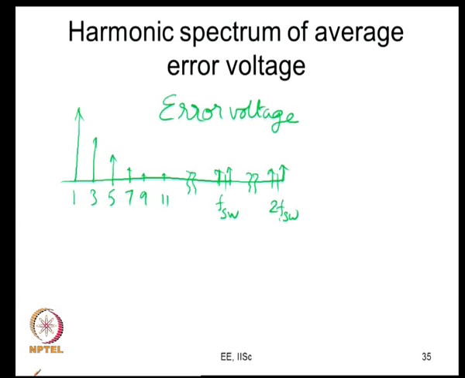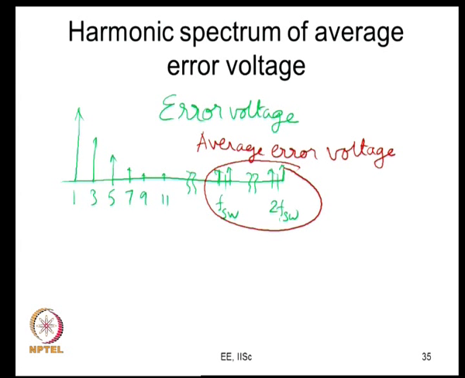Now, I am going to look at the average error voltage. The average error voltage retains all the low frequency components from the error voltage, but misses out all of these around the switching frequency.